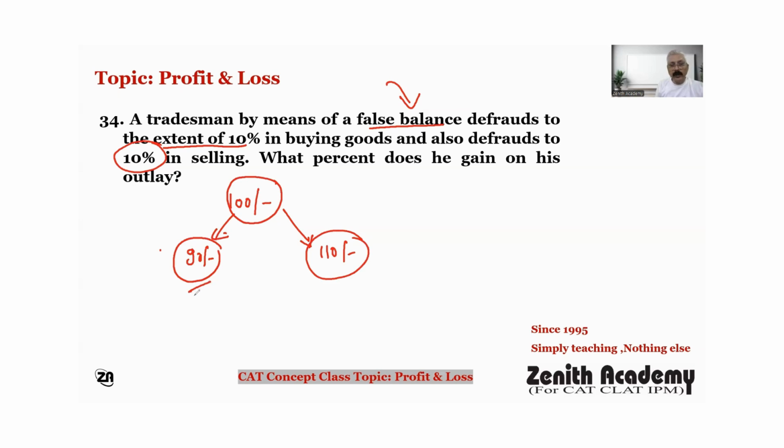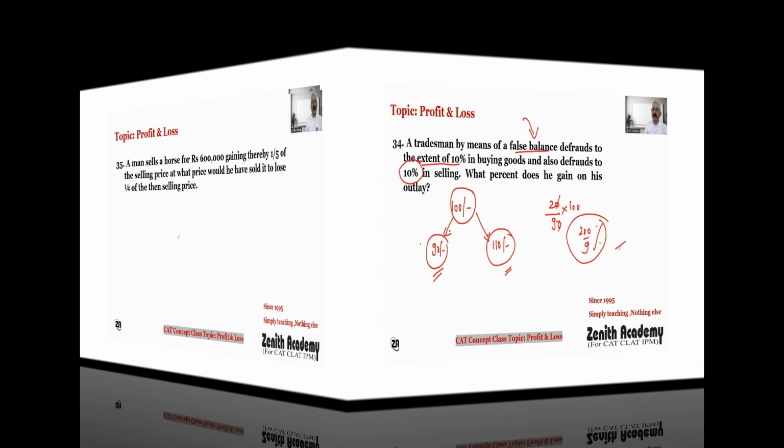So his investment was 90 and he realized 110 finally. So his gain, 110 minus 90 is 20. 20 rupees gain on his 90 rupees investment. So his real gain is 20 upon 90, means 200 by 9%.